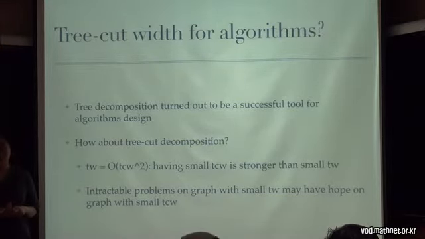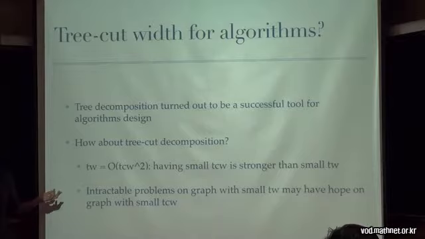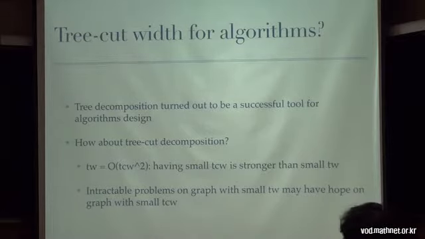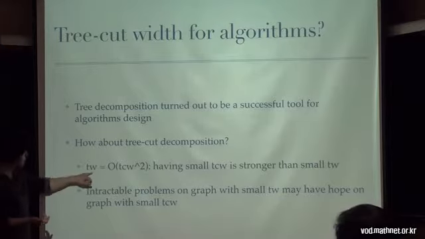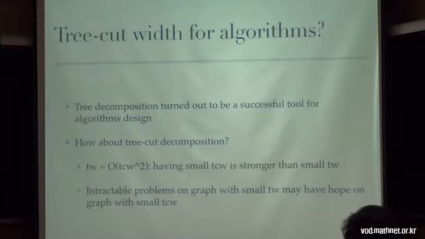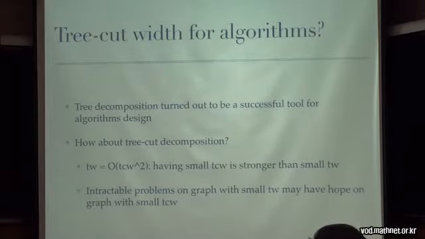If having such an algorithm is already implied by some other results, then it's worthless effort. And we also want to know for which problems it makes sense to design algorithms when the graph has small tree cut width.